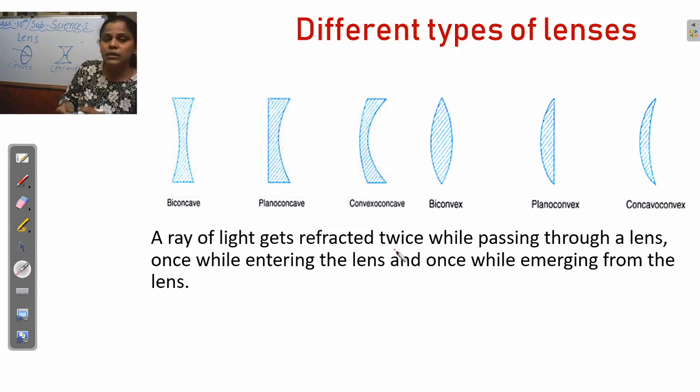That means a light ray gets refracted twice while passing through a lens, because there are two surfaces. And in this picture, the different types of lenses are biconcave, plano-concave, convex-concave, biconvex, plano-convex and concavo-convex.